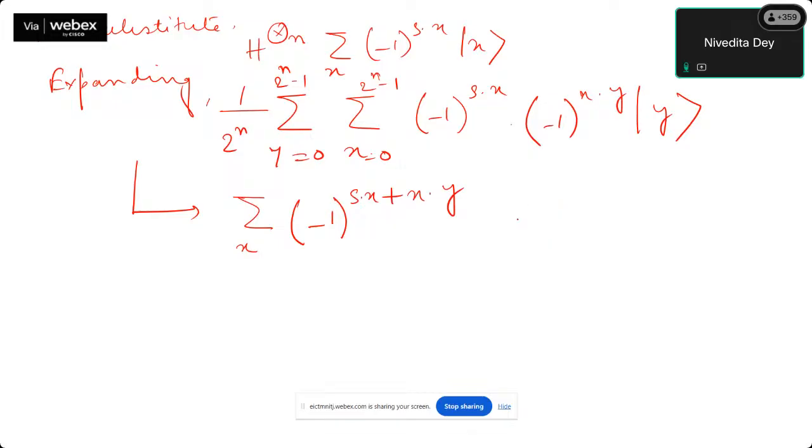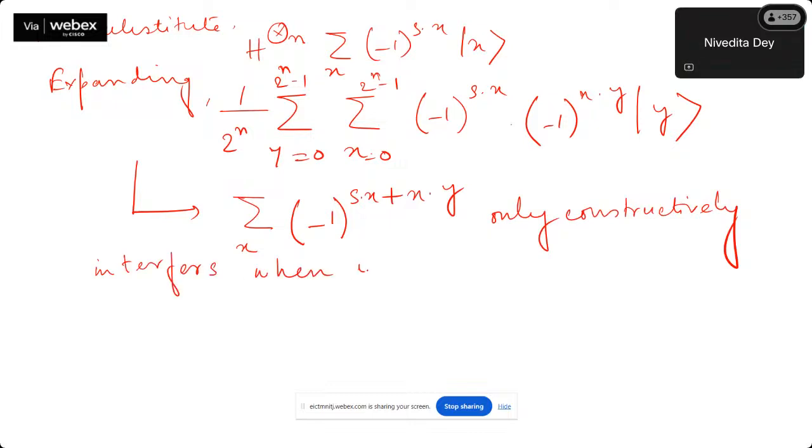And this only, if you look into it constructively, interferes when your y is equal to s. It's whatever y you obtained, and this is the same s that you want to obtain, leading to your s.